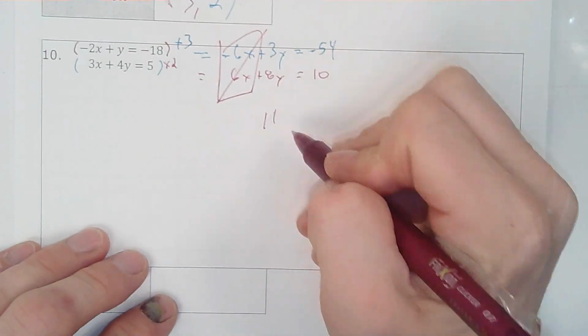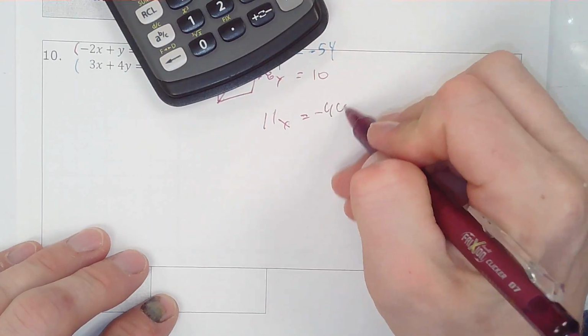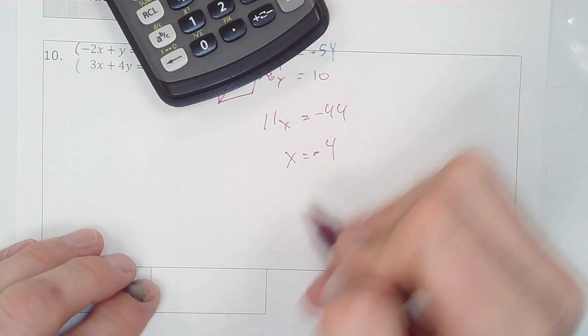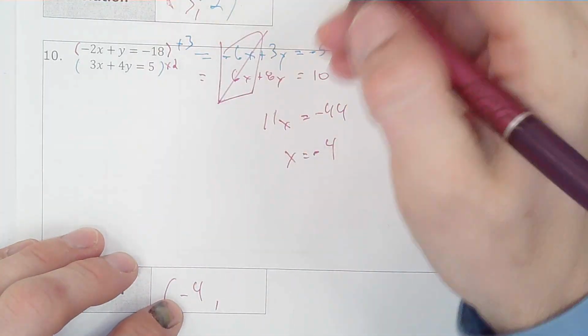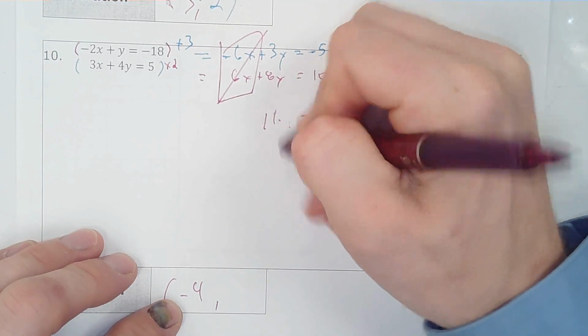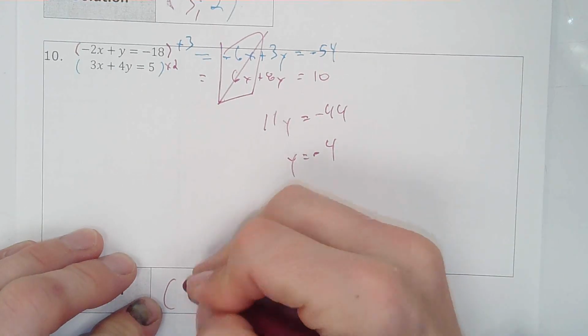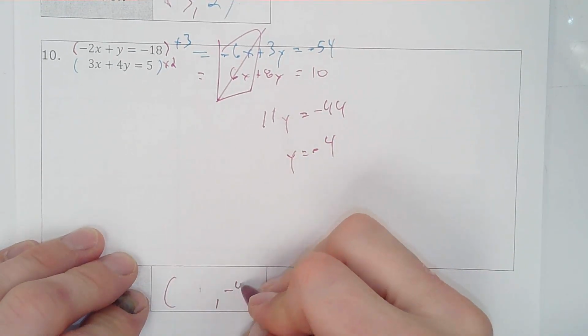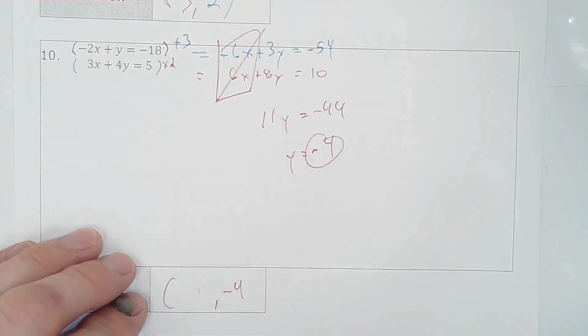This becomes 11y equals negative 54 plus 10, equals negative 44. So y equals negative 4. Okay? Now I'm going to recycle this back into one of my equations.